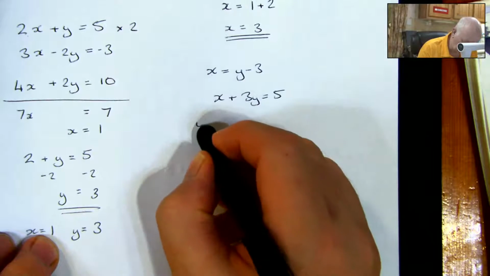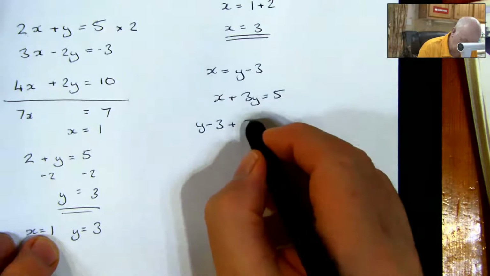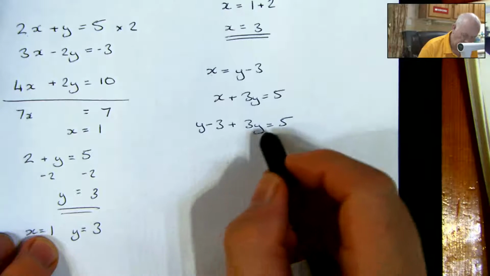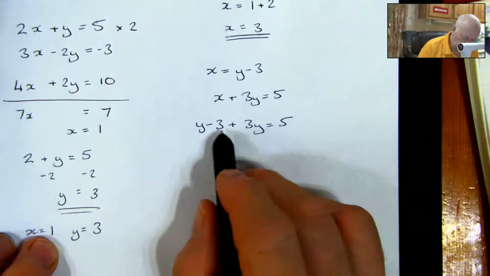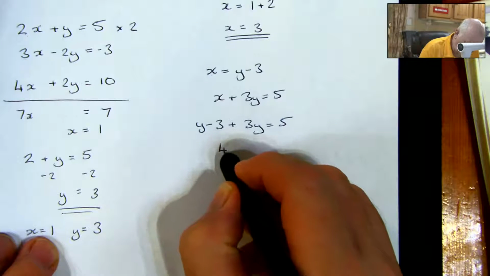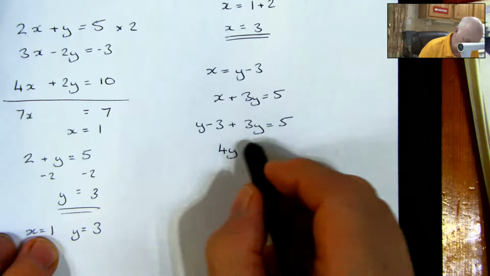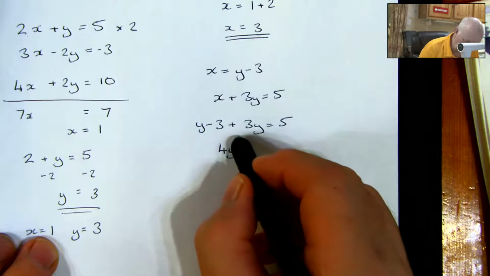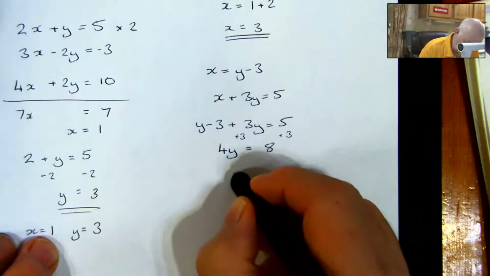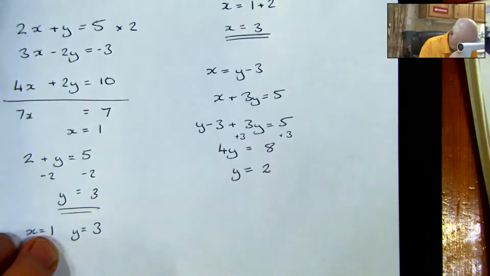So I'm going to say that y minus 3 plus the 3y equals 5. Then if we add our y's, I'm going to get 4y equals, I'm going to need to take the 3 over, so I'll add 3 to both sides. 4y equals 8, y equals 2.